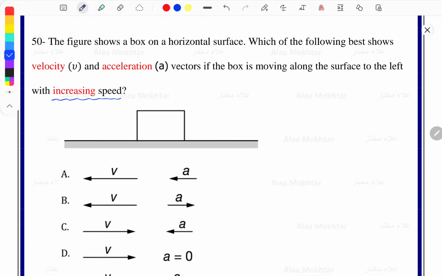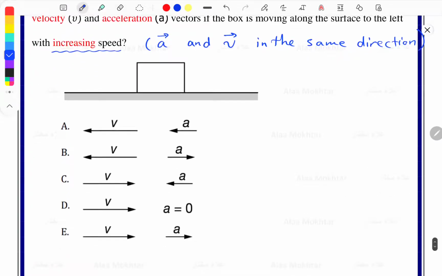If the object is increasing in speed, the A vector and V vector are in the same direction. So we will search for two vectors in the same direction. V to the left, A to the left. Yes, number 1.